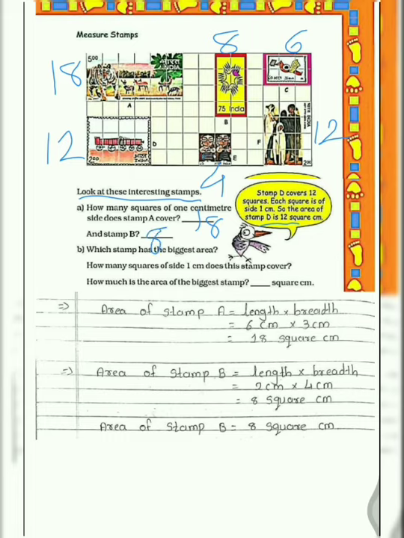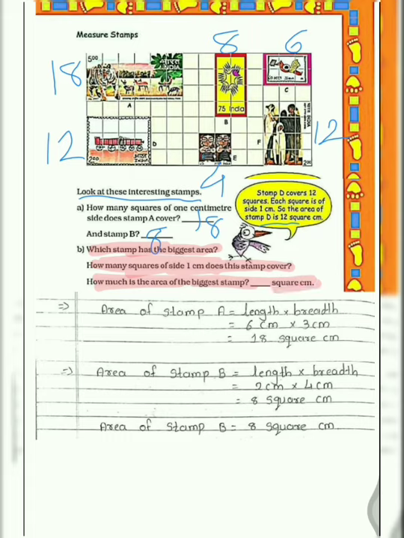Now we will go for B1. Which stamp has the biggest area? How many squares of side 1 centimeter does this stamp cover? How much is the area of the biggest stamp?